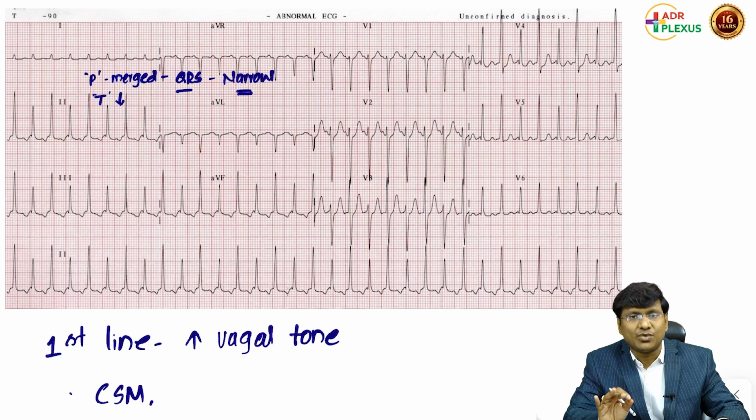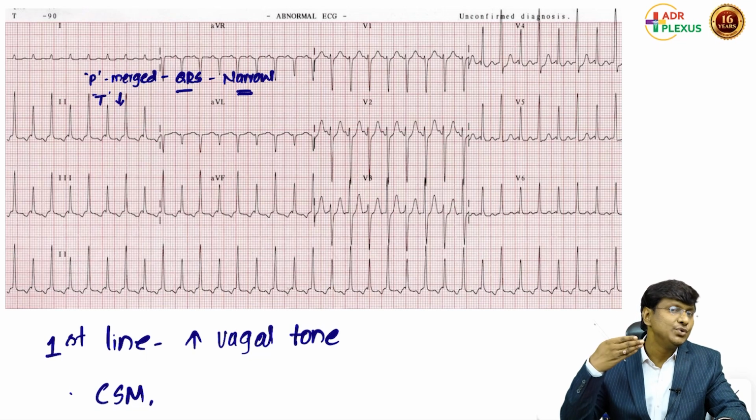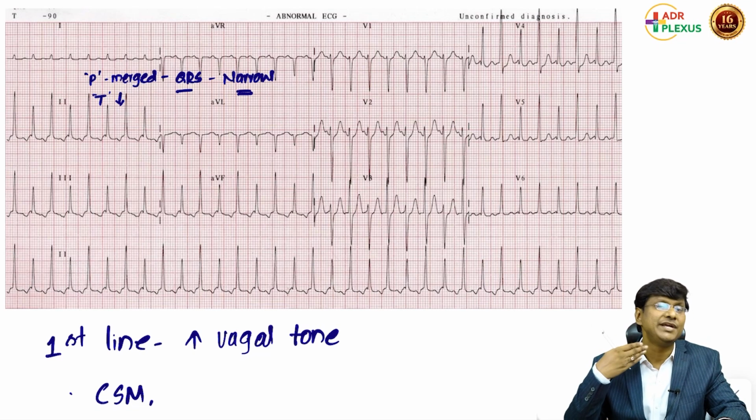How should you do this carotid sinus massage? You need to palpate one carotid artery at a time and then rub over the carotid, which is present medial to the sternocleidomastoid muscle.